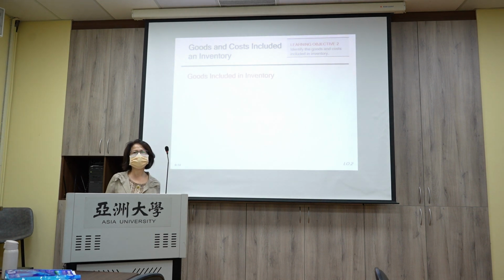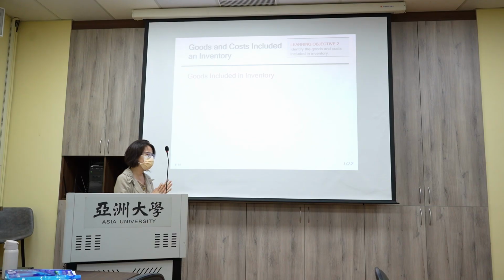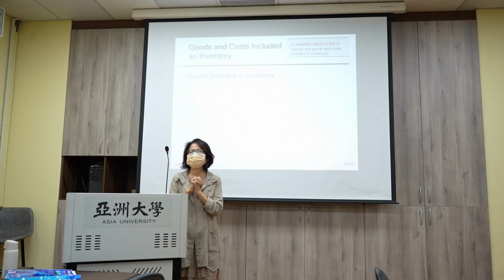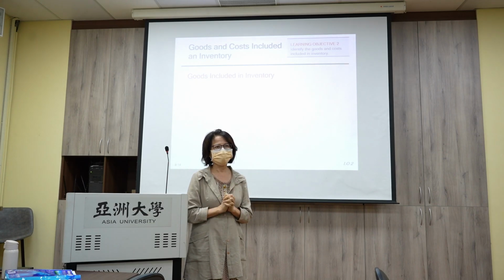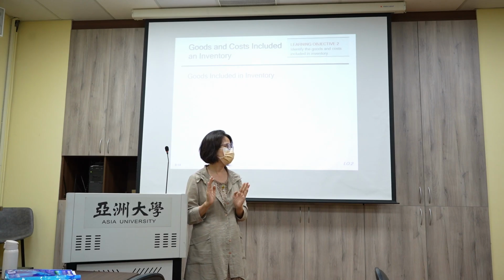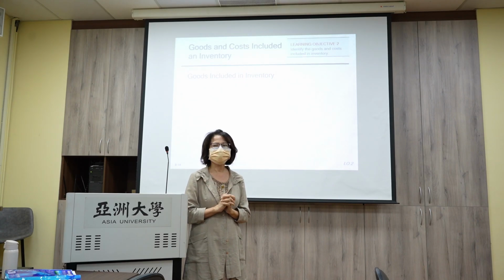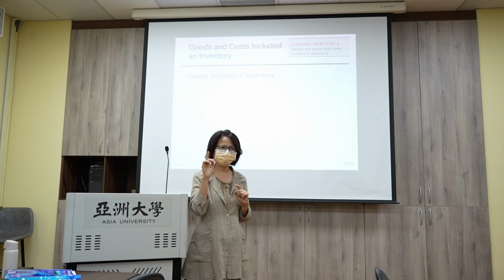Well, students, let's look at another issue of inventory, right? So now the issue is if the goods are not in the business place. Okay, goods are not in the business place. So we include those goods in our inventory.